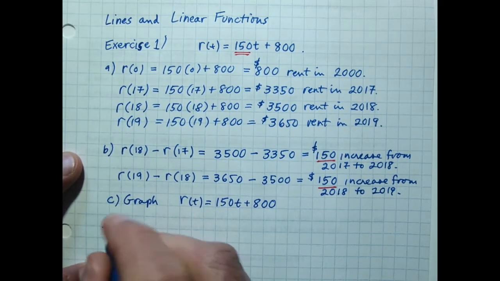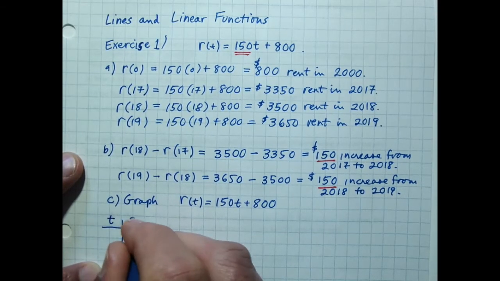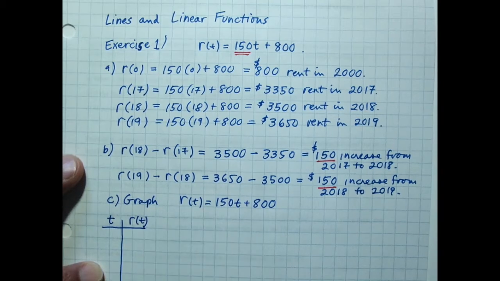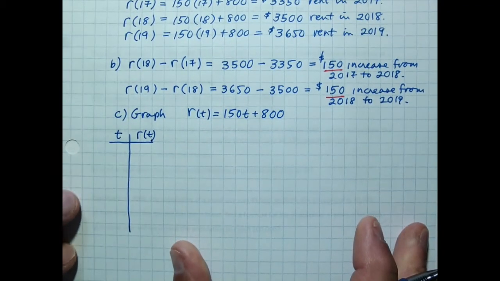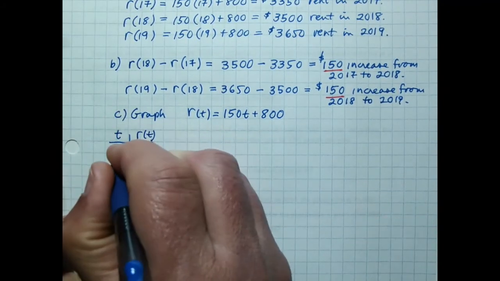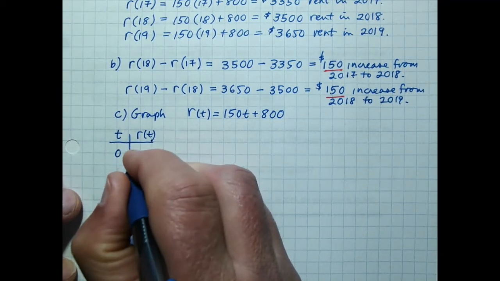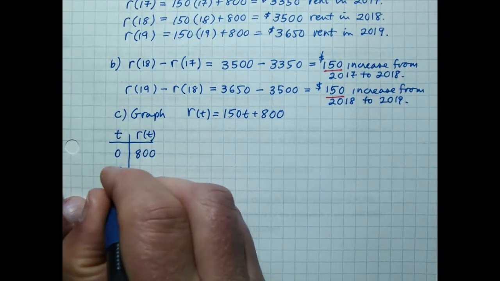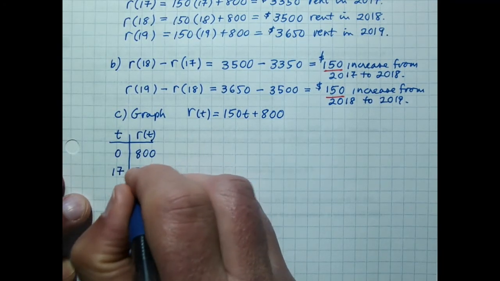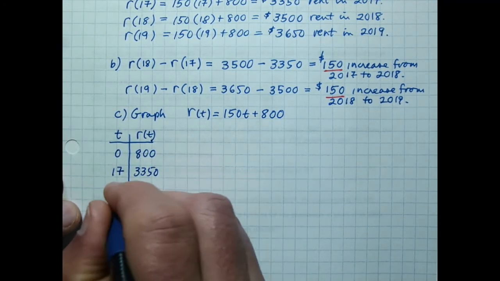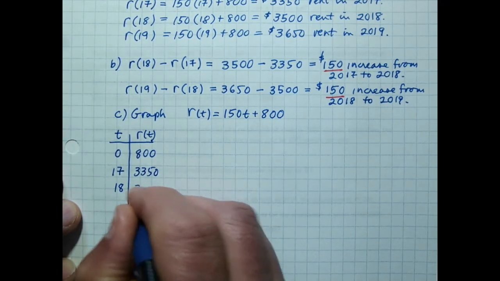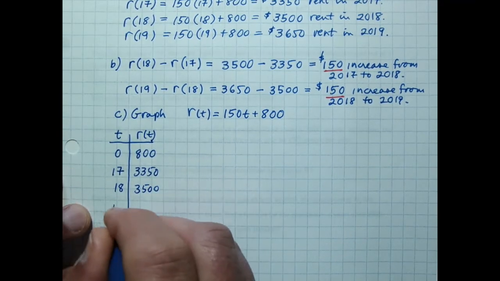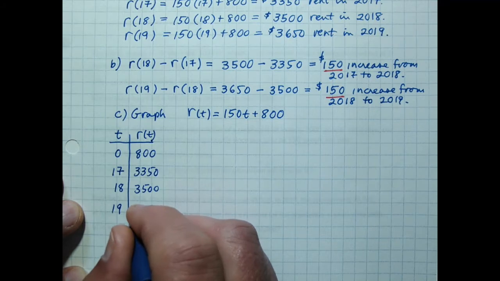Now instead of x and y, I'll write t, r of t, because that's sort of like my input-output, right? And we had 0, 800. Then we calculated 17, 3350, 18, 3500, 19, 3650.